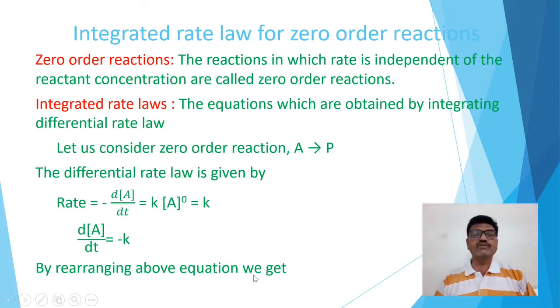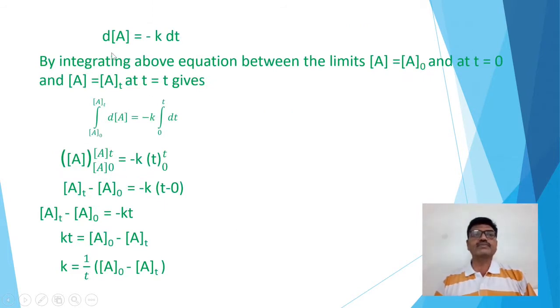By rearranging the above equation, we get d molar concentration of A is equal to minus k dt.